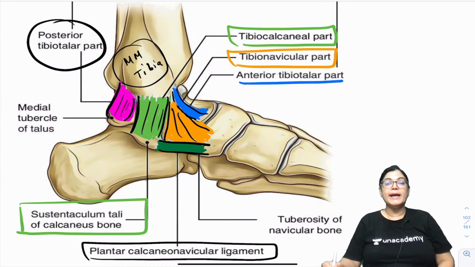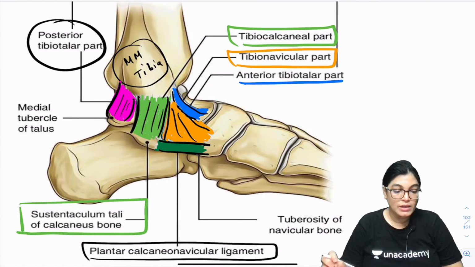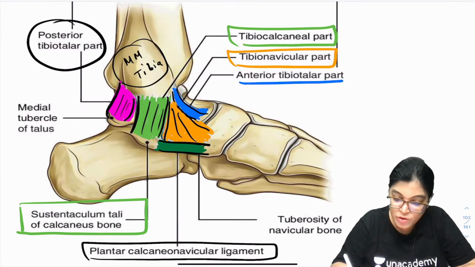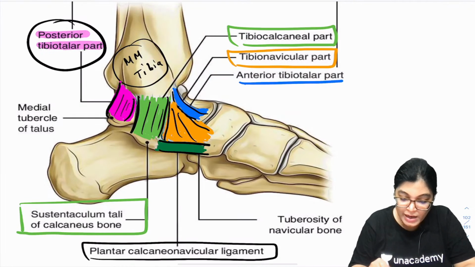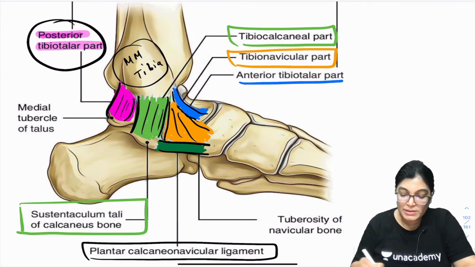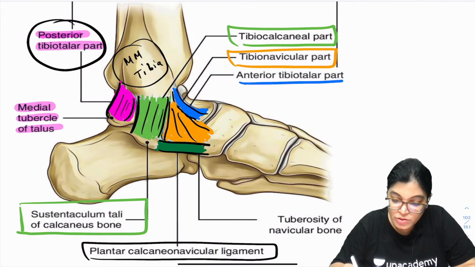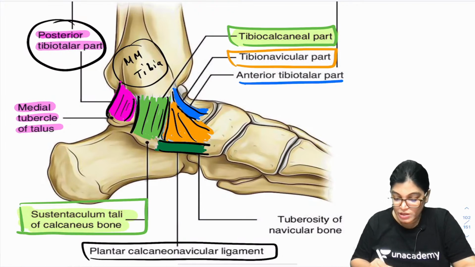See here, I have used different colors for highlighting different parts of the ligament, which will make it easy to understand. Just once more I am going to describe it. The posterior tibio-talar part of the medial ankle ligament is merging with the medial tubercle of the talus. Now moving on to the tibiocalcaneal part, it is merging lower down.